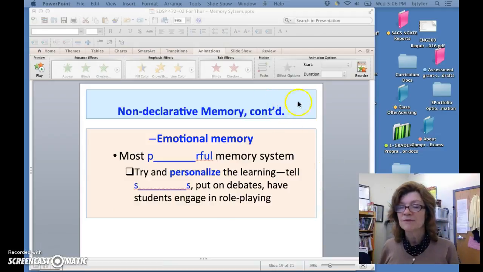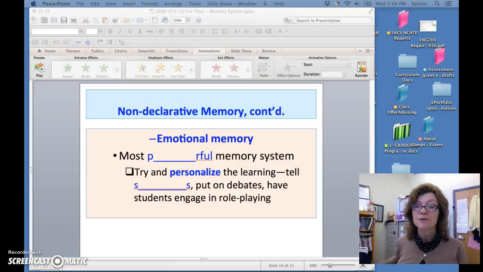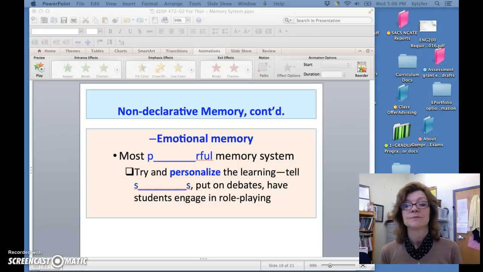The third type of non-declarative memory is called emotional memory. It's really like emotional reflexes almost, okay? And this is the most powerful memory system for humans. You as a teacher, how can you tap this memory system?